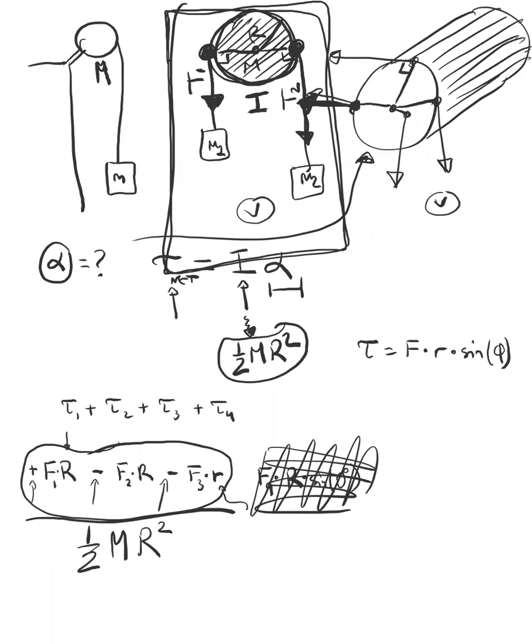So the net torque in this case will be T1 times R minus T2 times R. And this net torque equals the moment of inertia times angular acceleration. I put a minus sign here because T2 is trying to rotate me clockwise, and a plus sign here because T1 is trying to rotate me counterclockwise.